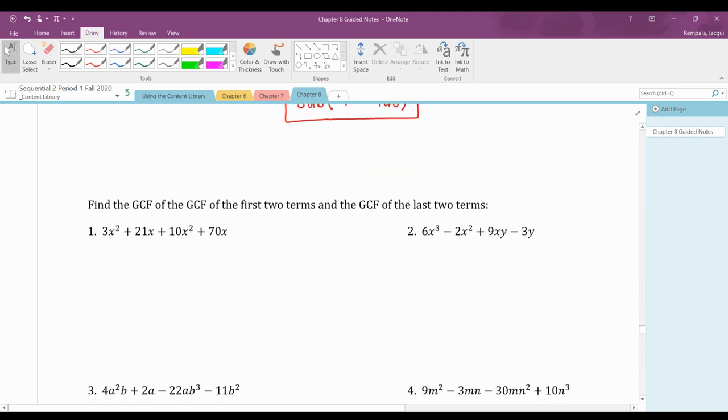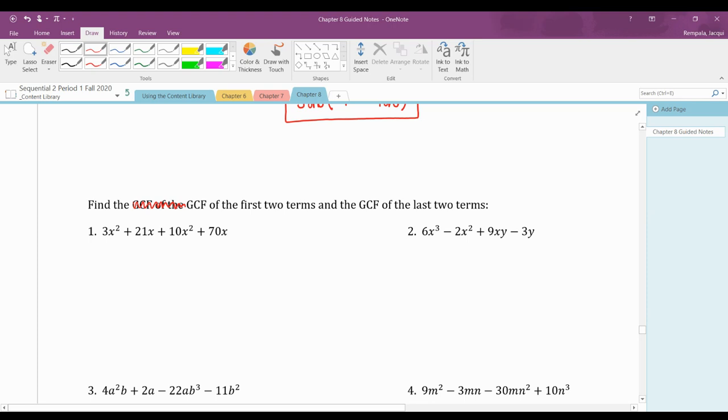All right, so what we're going to be looking at today is finding the GCF of the first 2 terms, and then finding the GCF of the last 2 terms, because notice in these problems, there are actually 4 terms. In this first one, we've got 3x squared plus 21x plus 10x squared plus 70x.